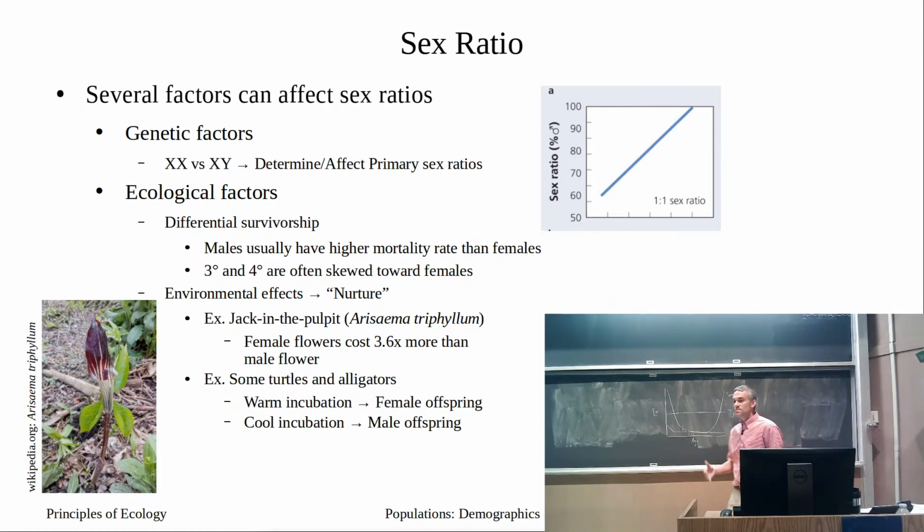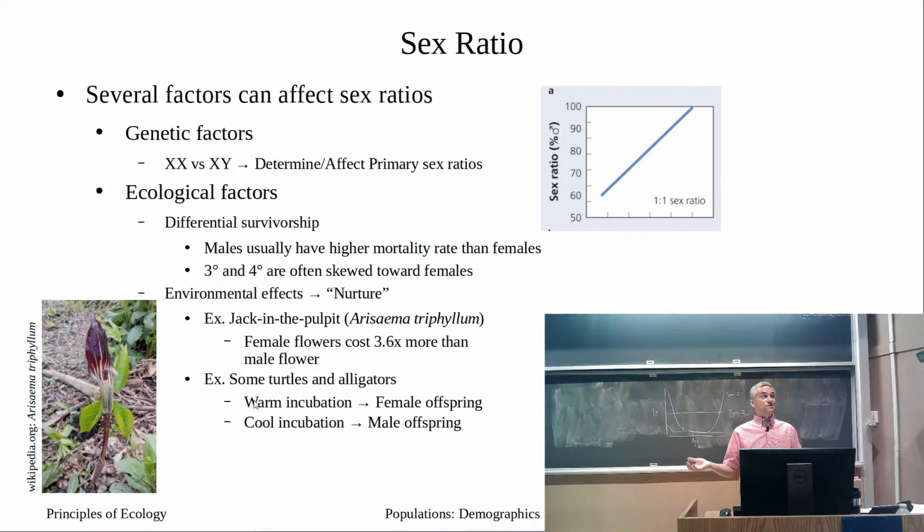So what do you do? You produce the male flower instead. If there's not enough nutrients, why would you invest all of that energy and time into a female flower on the chance that it isn't going to successfully produce any seeds? It doesn't make sense. So only produce these female flowers when the conditions are favorable.